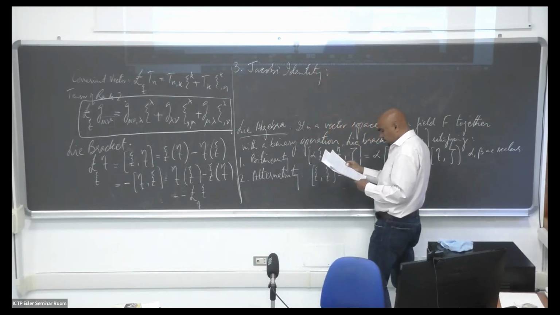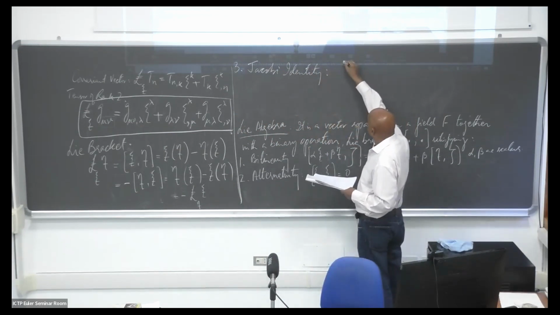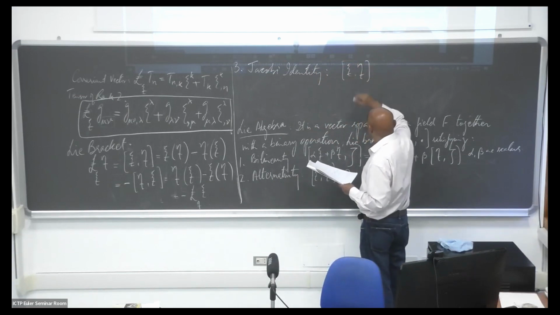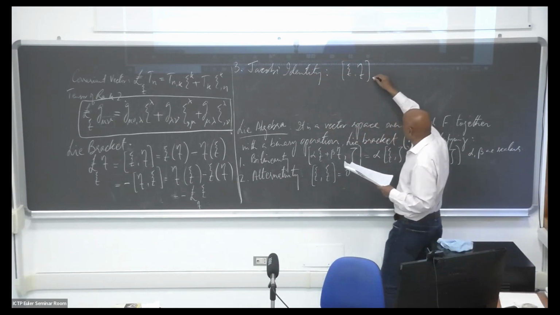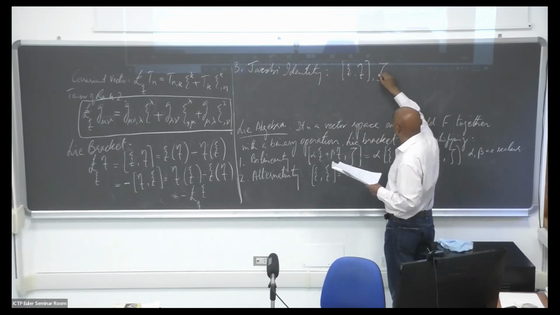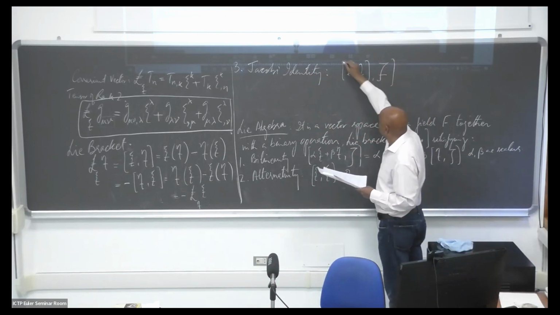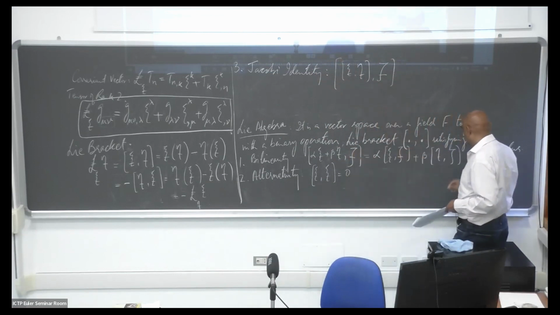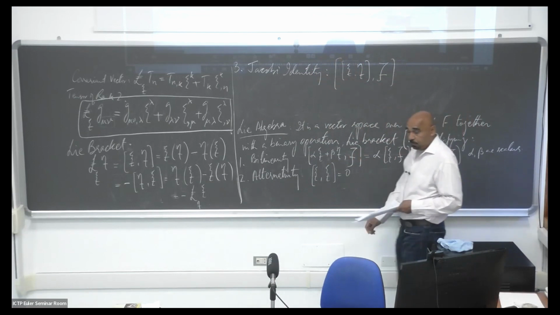So the Jacobi identity means that we have a Lie bracket of xi and zeta, and we are taking the Lie bracket of this Lie bracket with another vector. I should write a line over here also, because they are all the same.